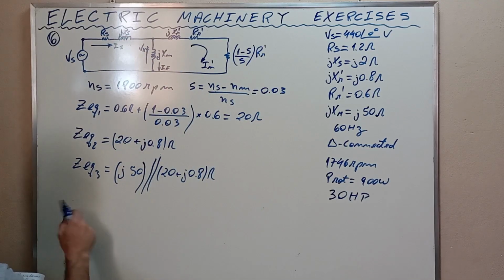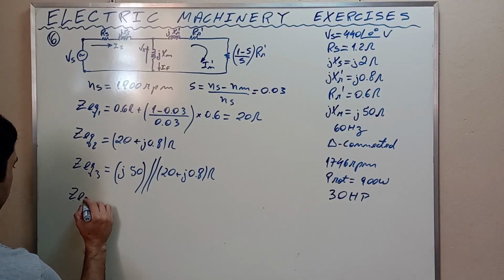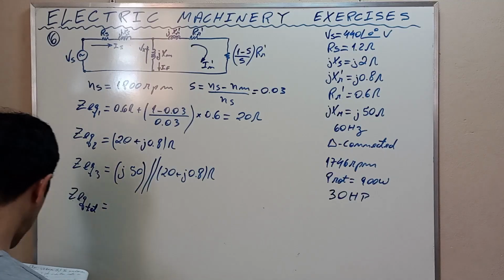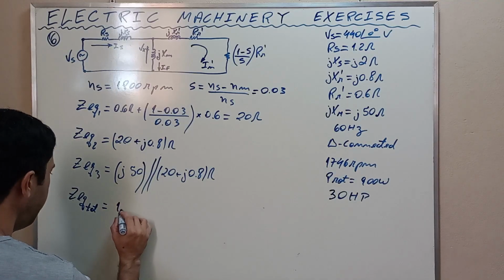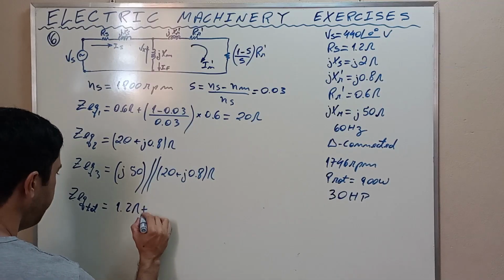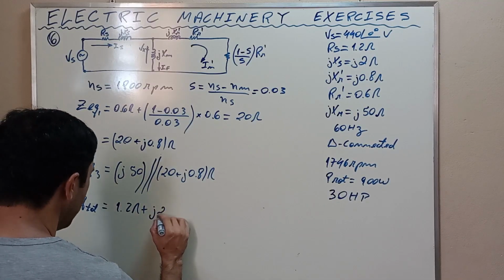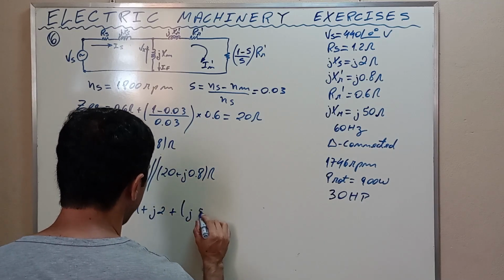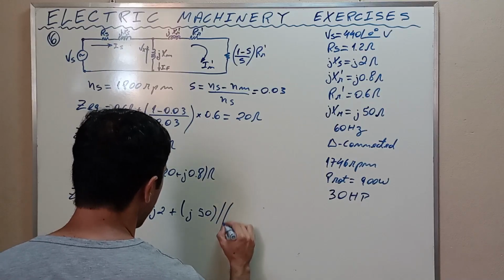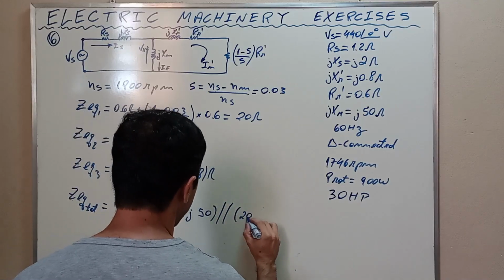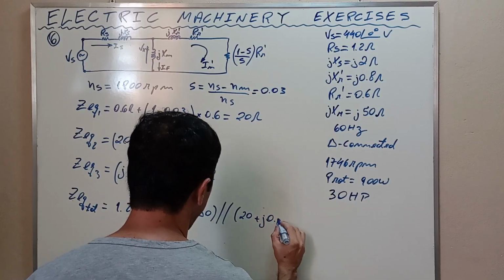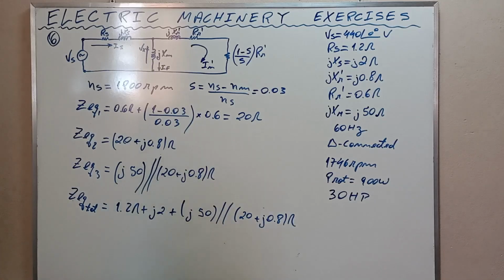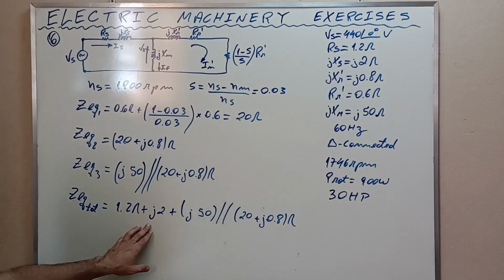So the total equivalent impedance is going to be equal to 1.2 ohms plus j2 plus the parallel connection between j50 and 20 plus j0.8 ohms. Okay, it's simple mathematics. You're going to need to work with complex numbers.